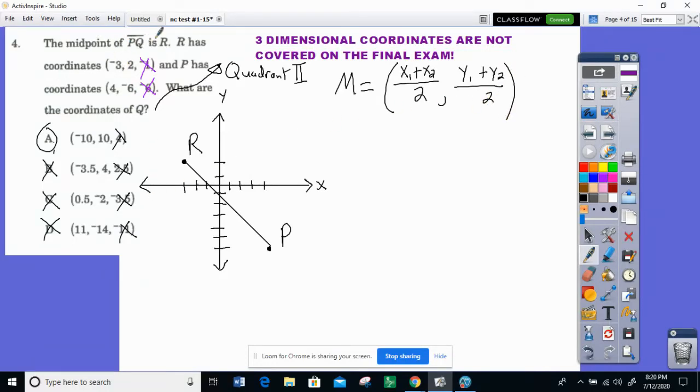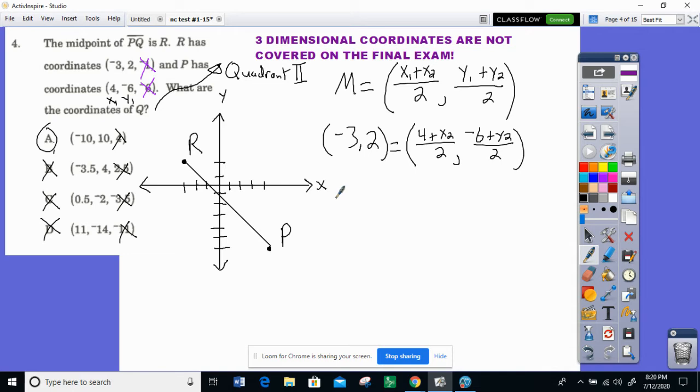So we know that the coordinates for R in the xy grid are -3, 2. We can label the coordinates for P as x1 and y1. So that would be 4 plus x2 divided by 2, comma, y1 is -6 plus y2 divided by 2.